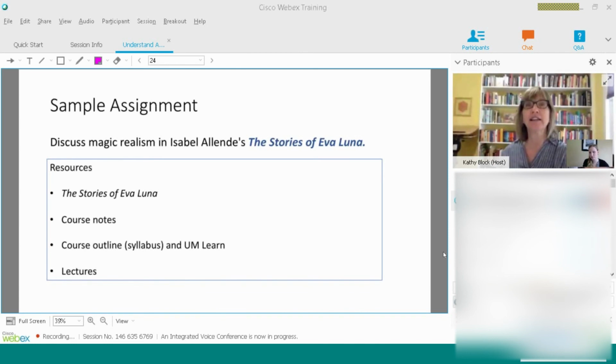So if you cannot find this information, you've looked at your guideline, you've looked at the course outline, you've looked in UM Learn to see if there are any other resources in there about writing papers in the course. If you've mined all of that, this is a great question to ask your professor.